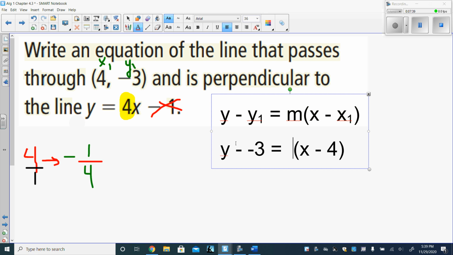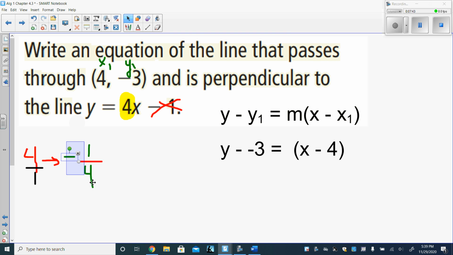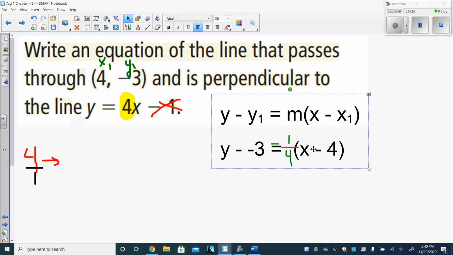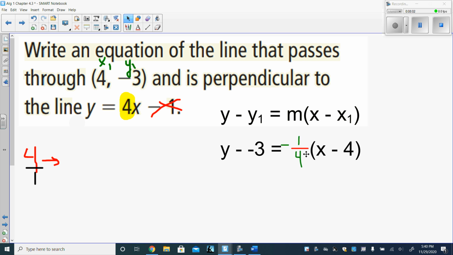Now our slope is going to be negative 1/4, and I'm just going to grab it from this here. I have to make a little bit of space for it. Negative 1/4.